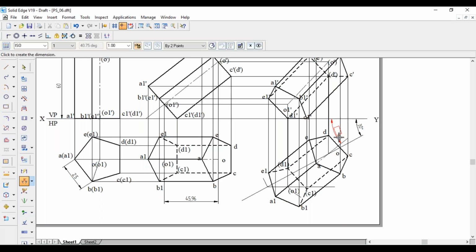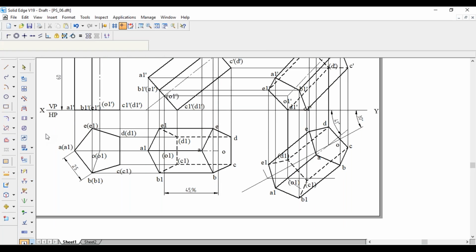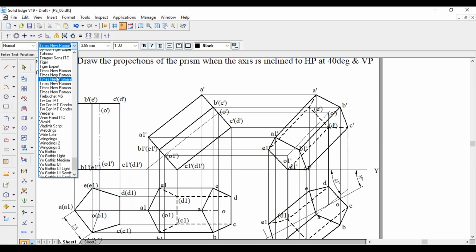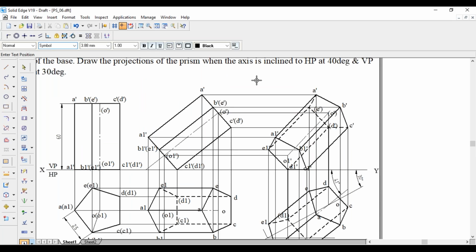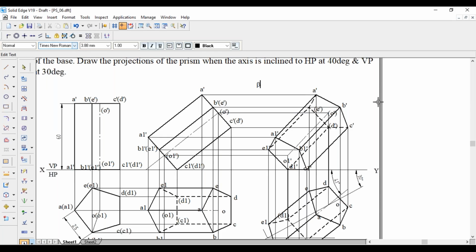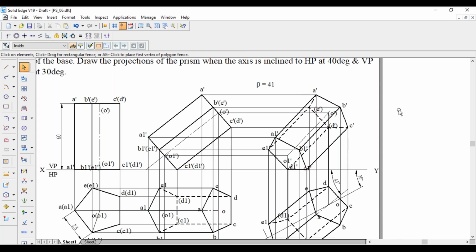So that is 41 degree. So apparent angle in the top view, that is beta, is equal to 41 degree. So this completes the problem.